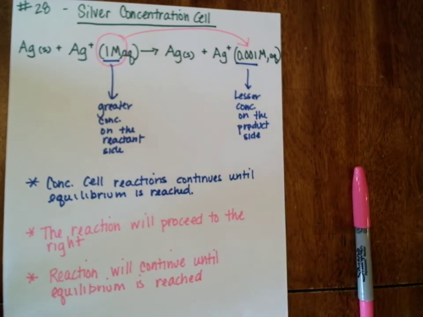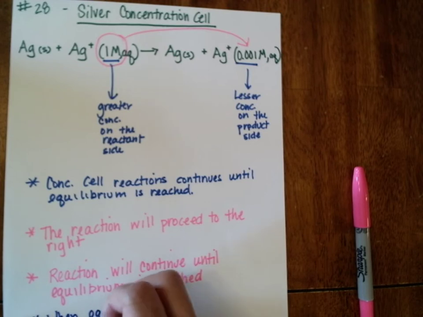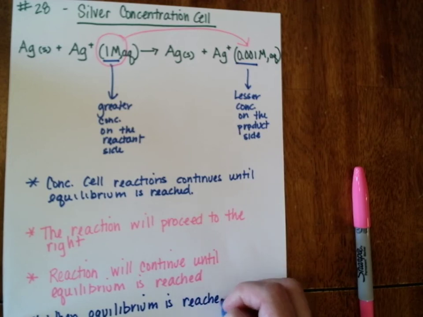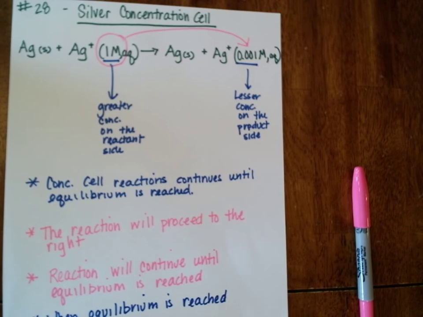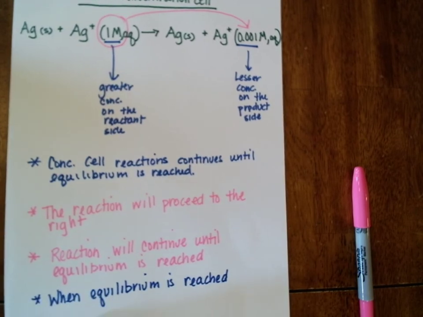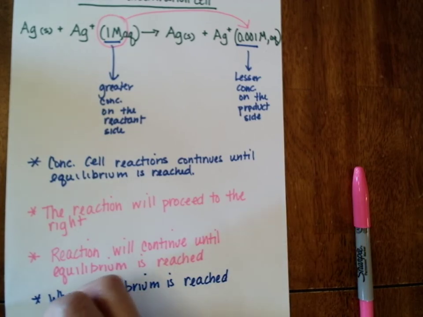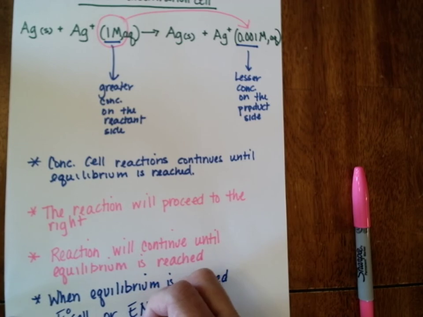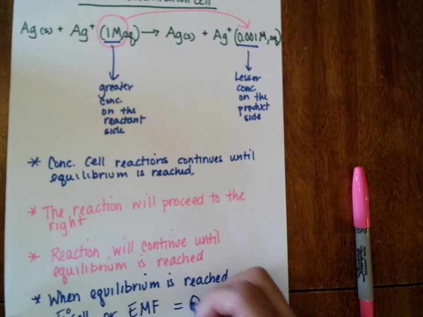I can also note that when equilibrium is reached, in any type of concentration cell, this isn't just true in this one, but in any type of concentration cell, then I can say that my E cell or my EMF or my electromotive force equals 0.